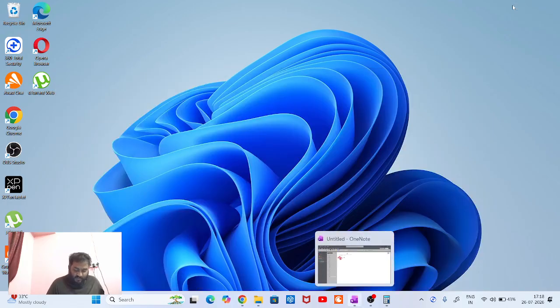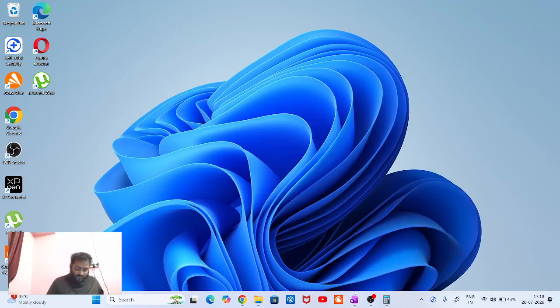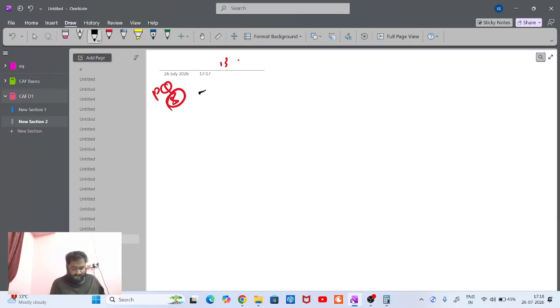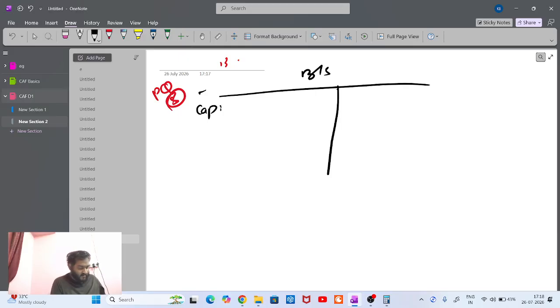I just copy it from the book. This is the balance sheet: capital account, accounts payable or trade payable, 1 lakh. This is given. And then loans. Machinery is given.